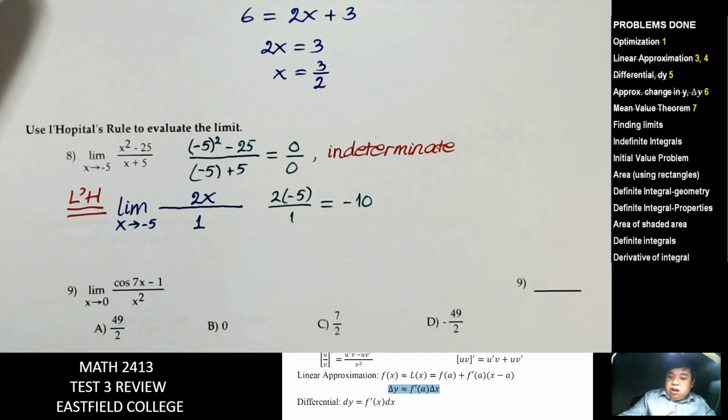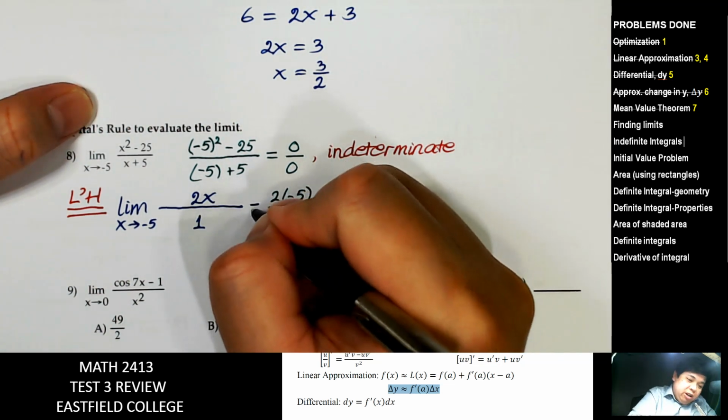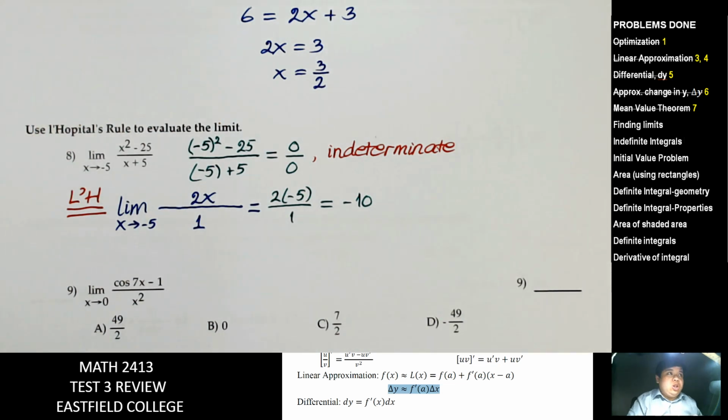And since this is a nice number, by nice I mean well defined, we make it equal to the limit. So pretty much just that.